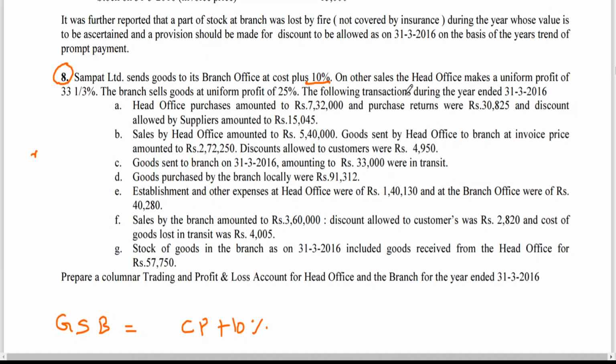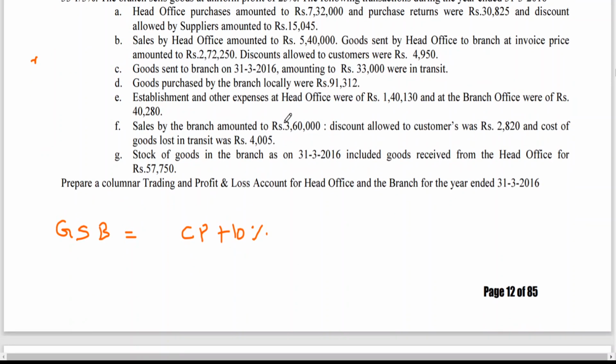On the other sales, the head office makes a uniform profit of 33 1/3%. Head office to others. So here, SP, that is invoice price, is equal to cost price plus 10%.